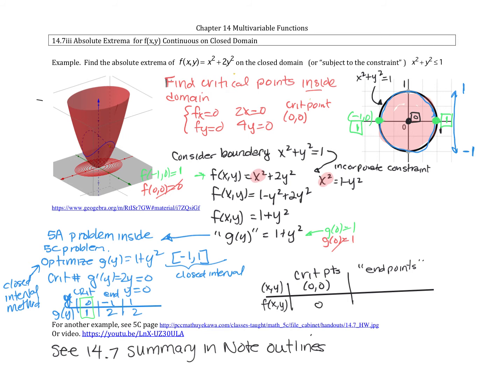What does this tell me? This says when I'm on the boundary and y equals -1, that's going to be here. The functional value that I get there is -1.